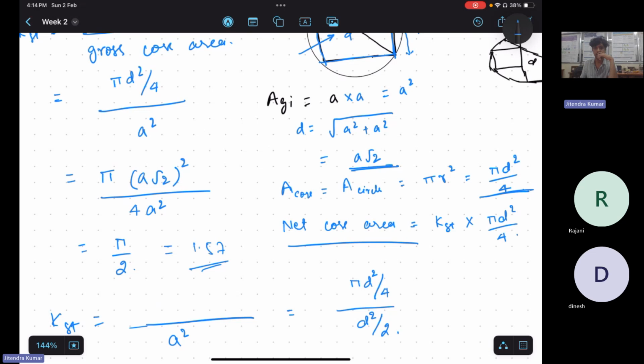Again, it should come the same, right? D square cancels, and we get pi by 2, 1.57.